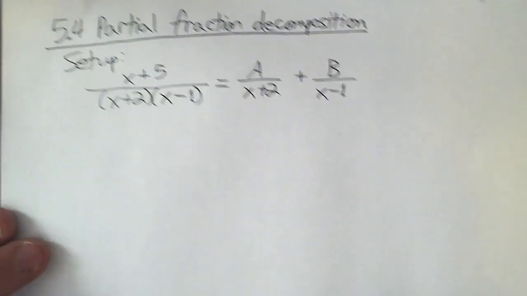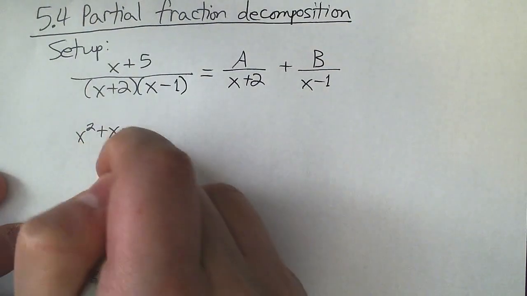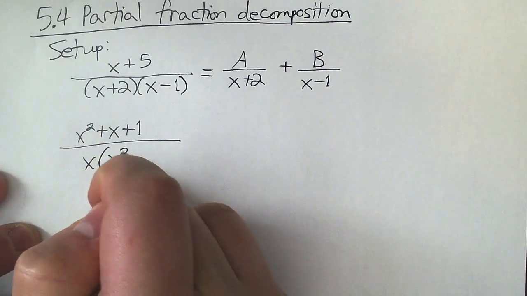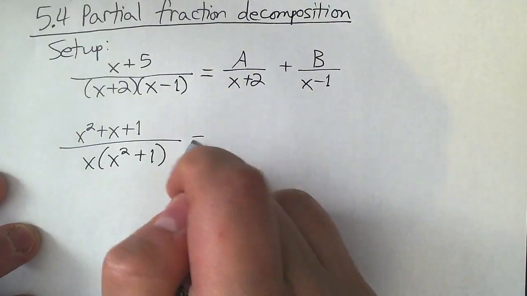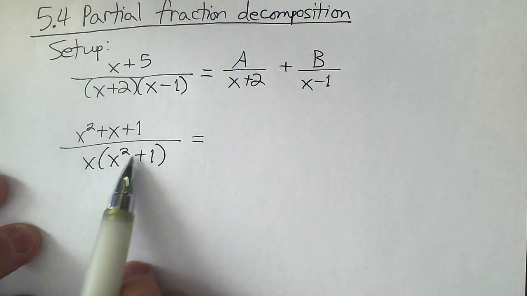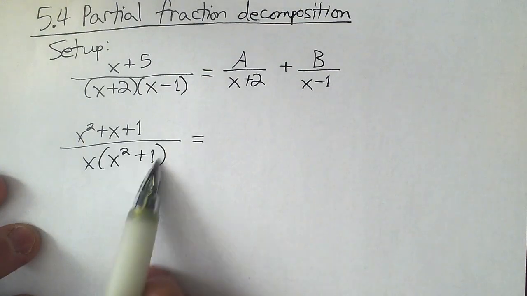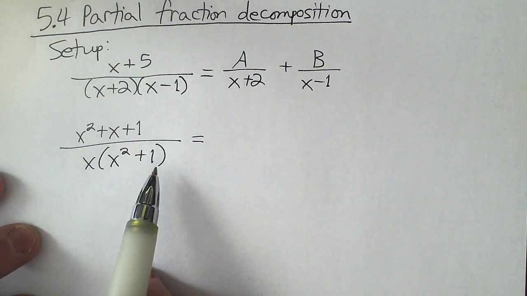We did a couple of those. And then we also had a case where you have something like this. And the idea is that x squared plus 1 is irreducible. It's quadratic, right? x squared. But this can't be split up into 2 factors using real numbers.